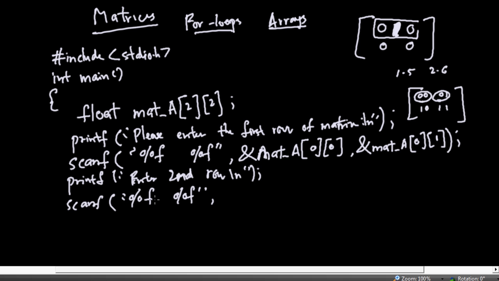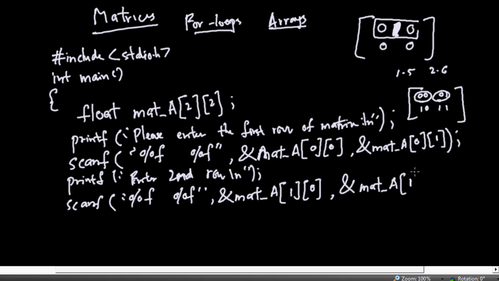But now, this is the second row, first column for this, second row, second column for this. So you're going to put it into mat A, second row, first column. You're going to put the next one into mat A, second row, second column. And there you have it.